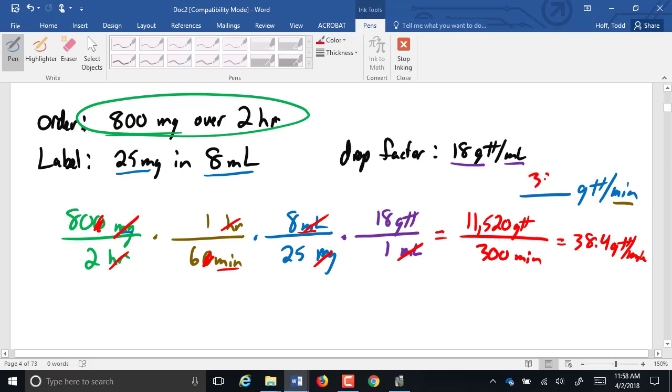And for our purposes, whenever we do an IV flow rate, the drops will always be rounded to 1 decimal place. So we would leave that as 38.4.